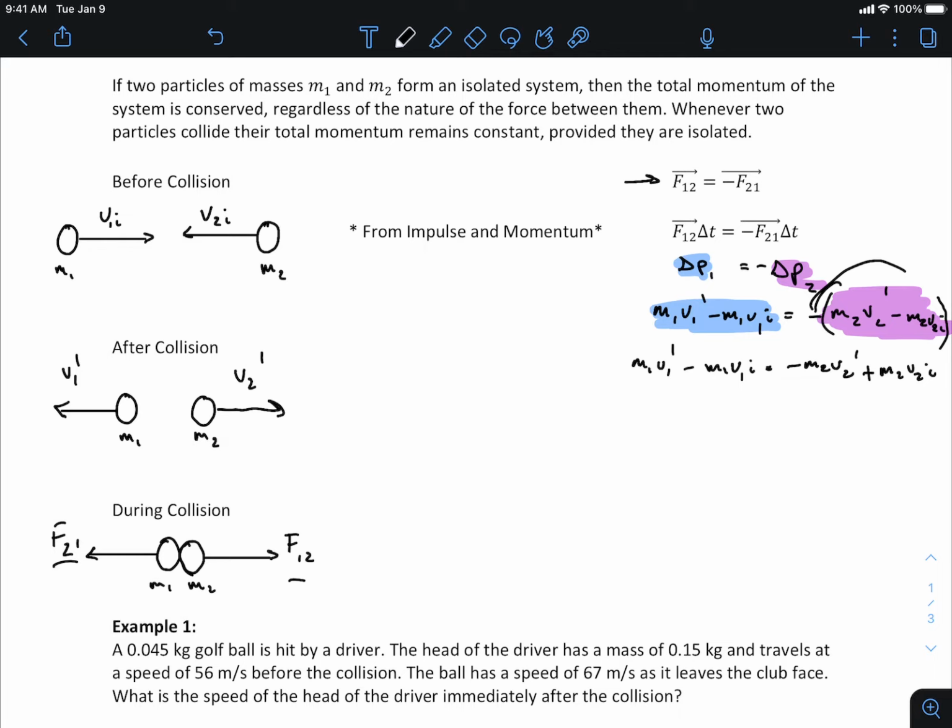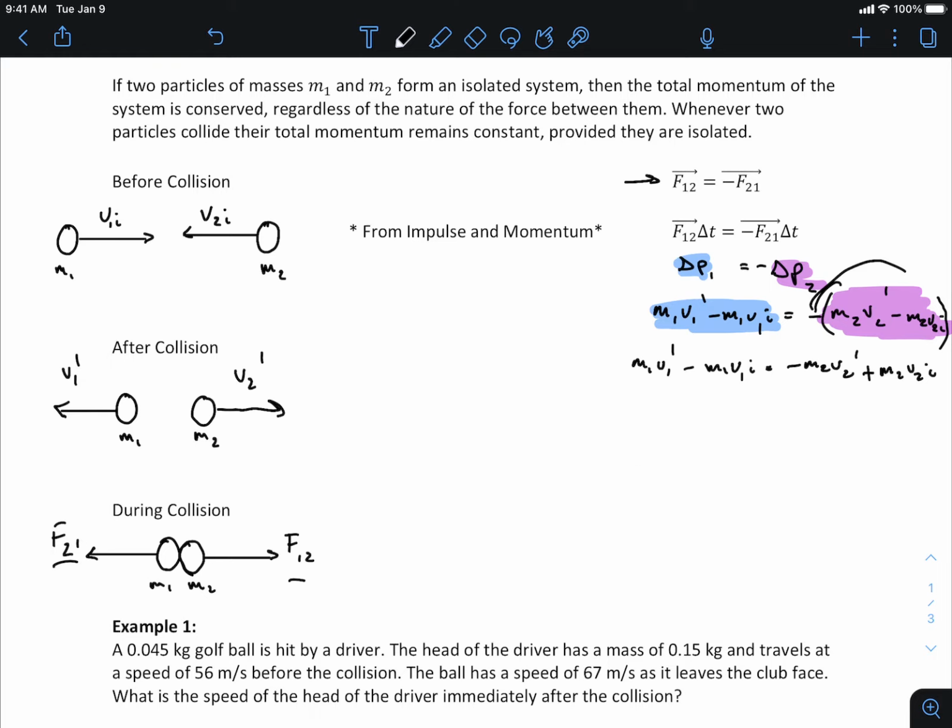Our goal here is to get all the initial momentum on one side and all the final momentum, all the prime terms, onto the right side. We're just going to move stuff around and then see what happens.